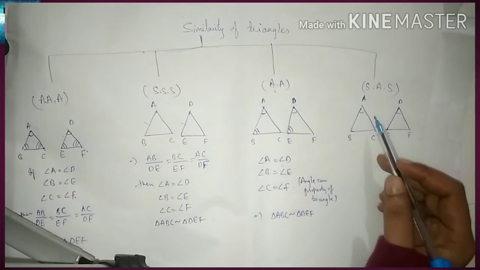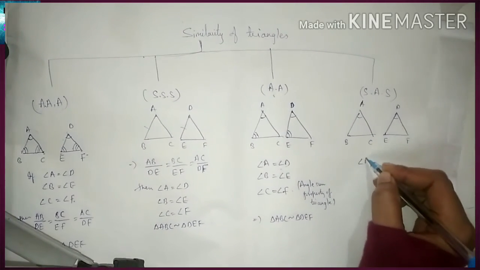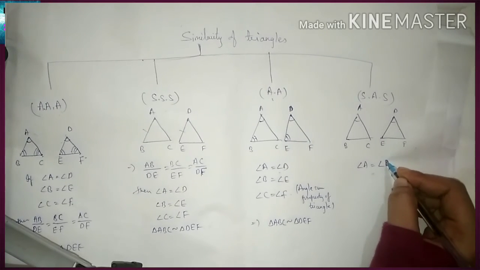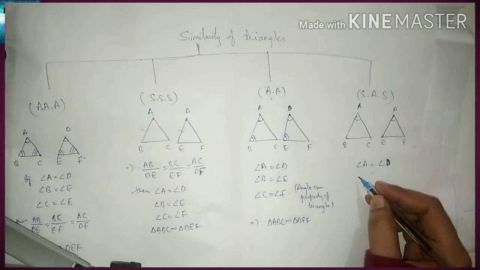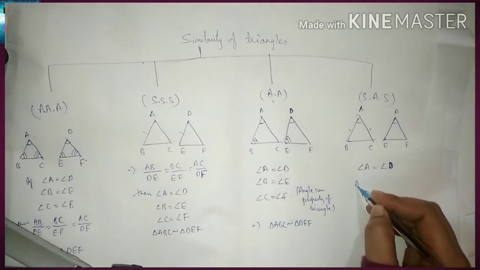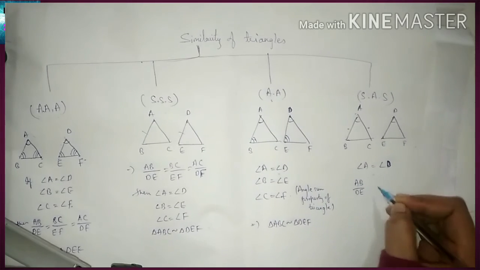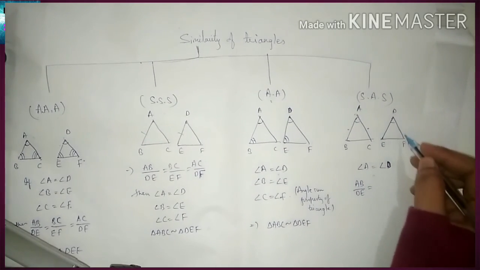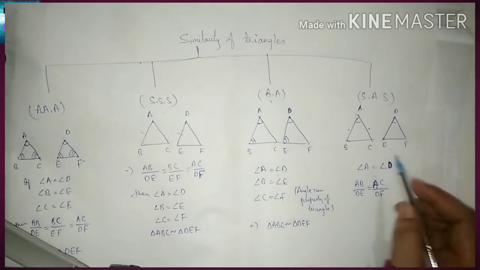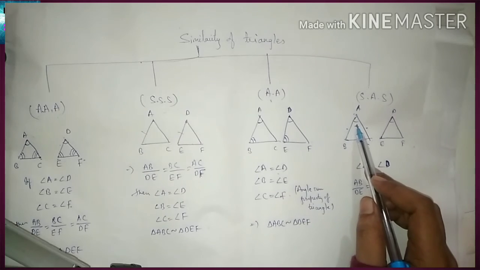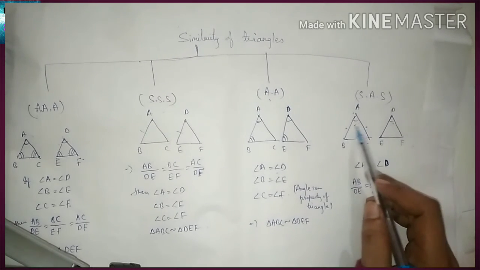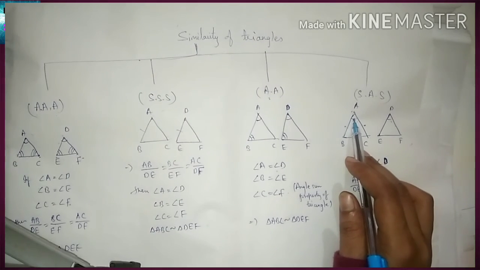The last one, okay, if it is given that one angle of a triangle is equal to one angle of another triangle, then the sides including this angle are proportional.